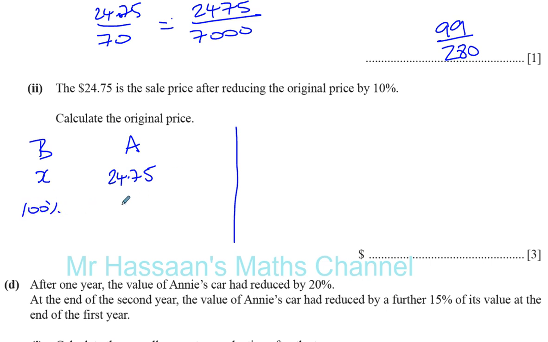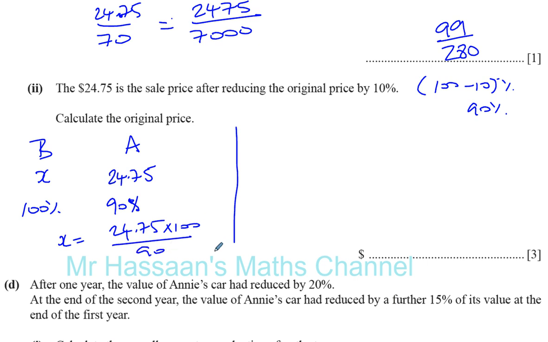After, it's reduced by 10%. If it's reduced by 10%, it's going to be 100 minus 10%, which is 90%. So now it's 90% of what it was, and then you can just simply cross multiply. 24.75 times 100 over 90, and that will give you your answer.